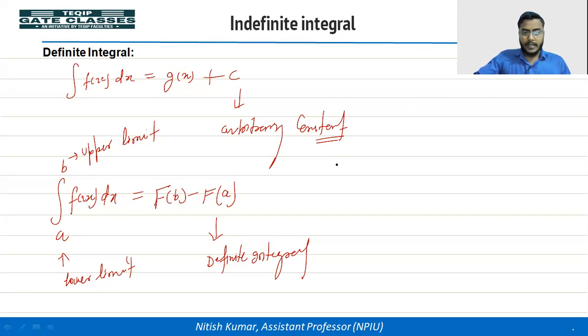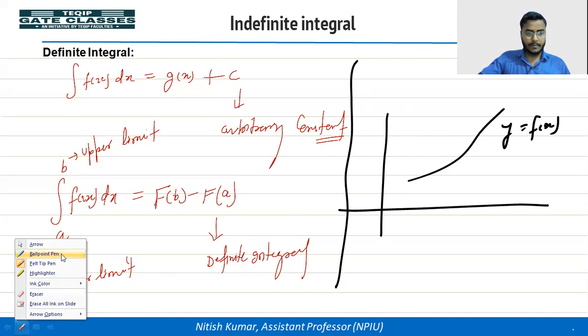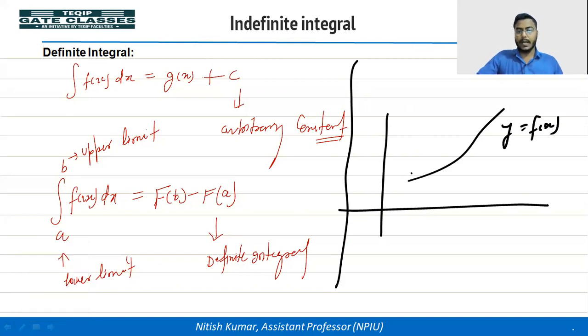You can also understand this from the graph. This is a function of x, this is x equal to a, and this is x equal to b, and we are going to find this area.